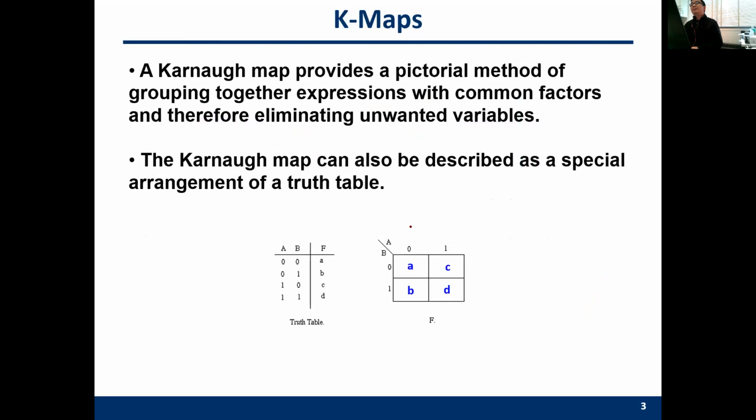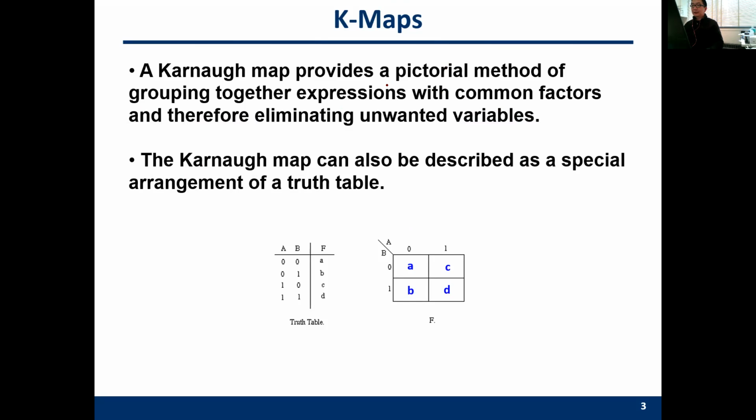Besides the laws we studied before, De Morgan's law, for example, K-map is a pretty standard algorithm which can help the computer automatically do the simplification for you. But here we just do it manually.